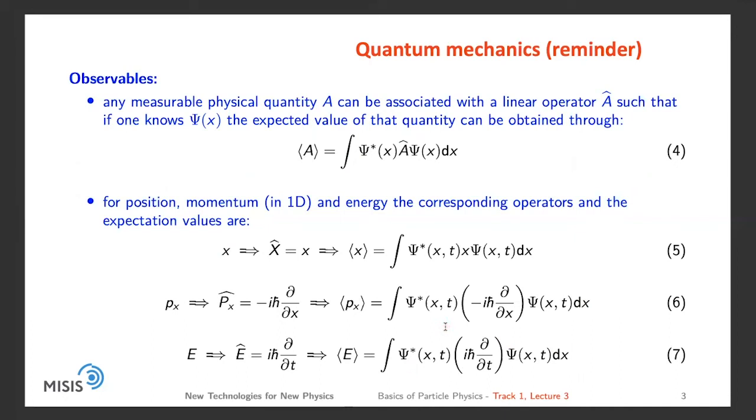For coordinate, it's just the coordinate itself, and therefore the expected value of the coordinate would be represented by such an integral. For momentum, the operator of momentum is the derivative by a coordinate, and therefore the expected momentum value is found like this. And energy is the derivative in time. The expected value of energy is found from this integral.